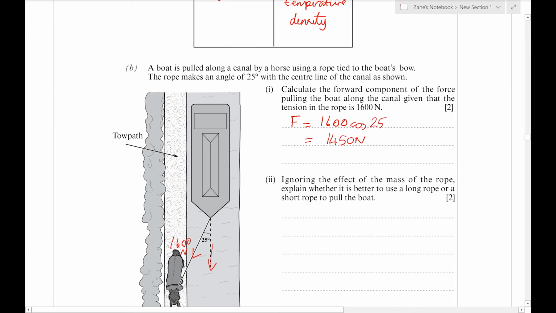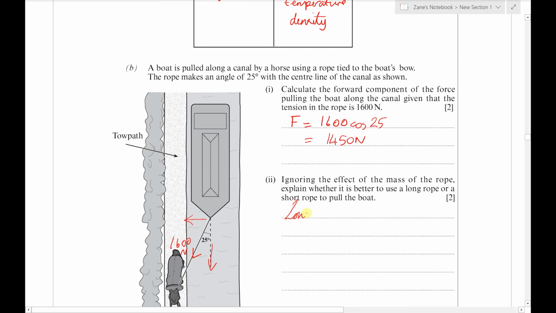The last part of the question says, ignoring the effects of the mass of the rope, explain whether it's better to use a long rope or a short rope to pull the boat. Well, what we want ideally is for most of the force to be in the forward direction and very little of it being in the sideways direction. So what we need here is to make the angle as small as possible. And if we make the angle as small as possible, that means our rope must therefore be longer.